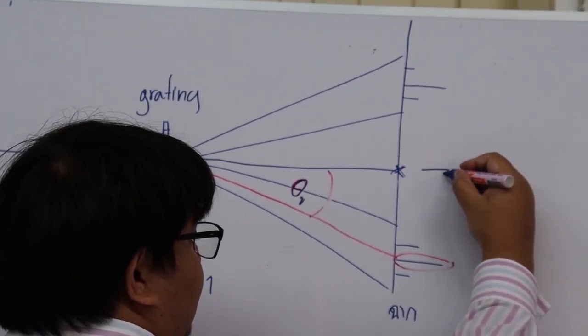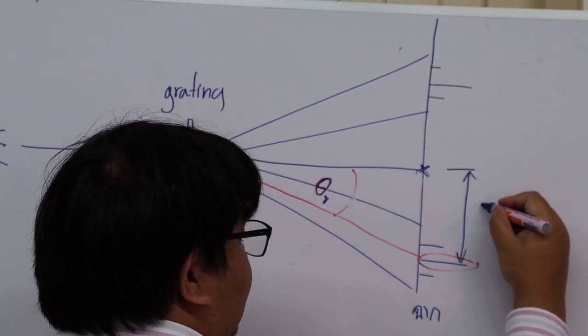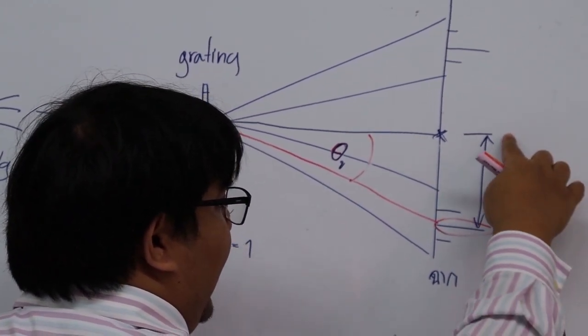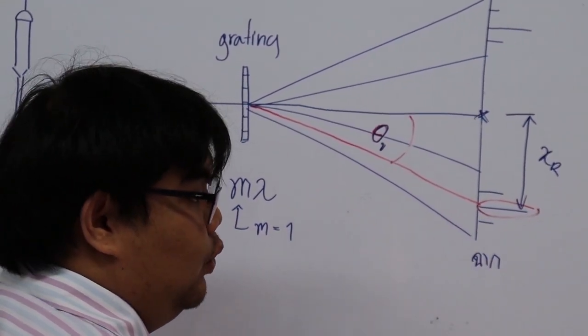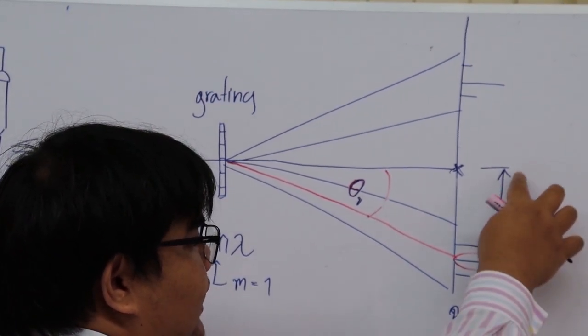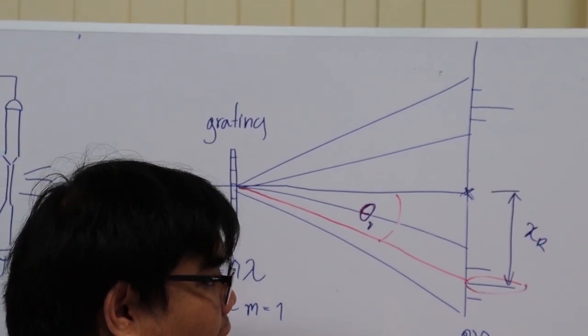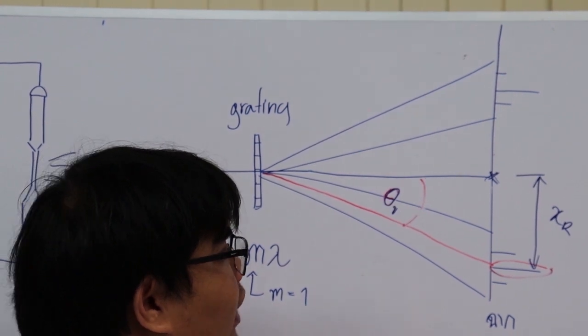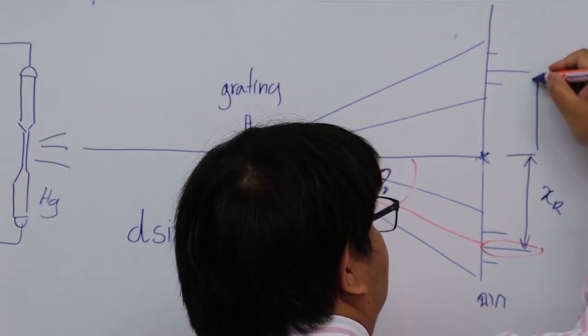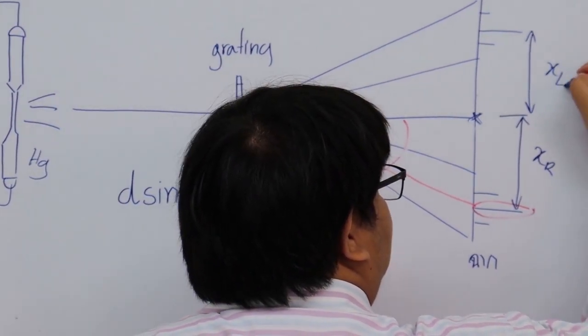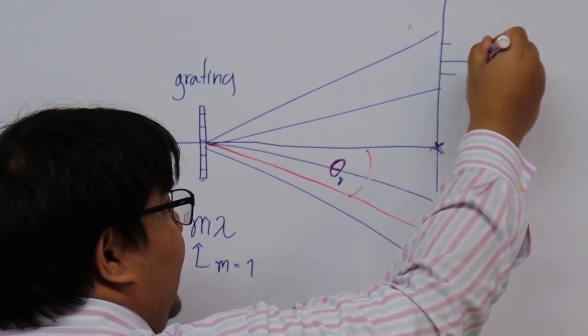What are XR and XL? XR is the distance between the center position and the line that we are interested in on the right hand side. XL is the same thing but for the left hand side.